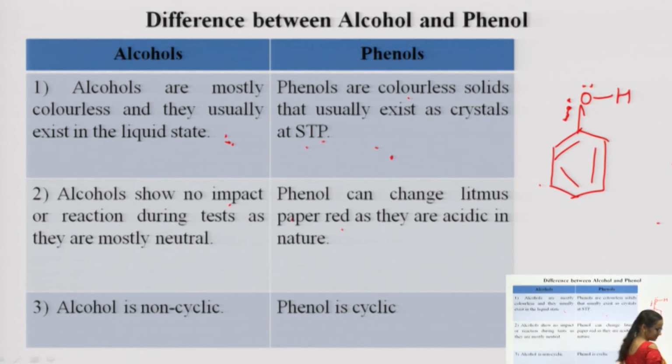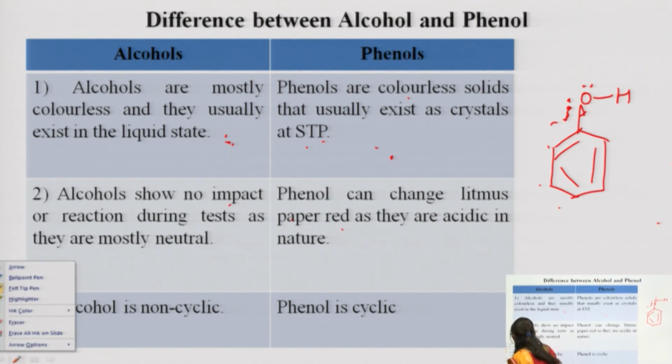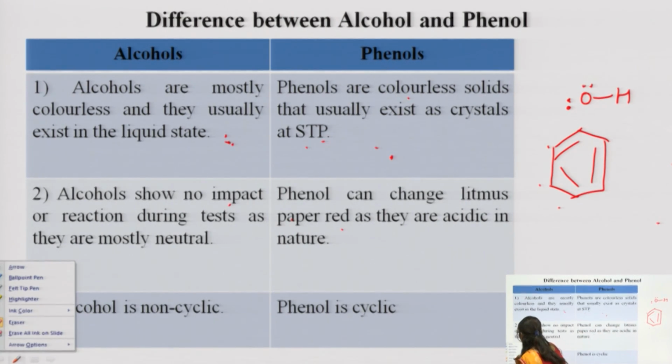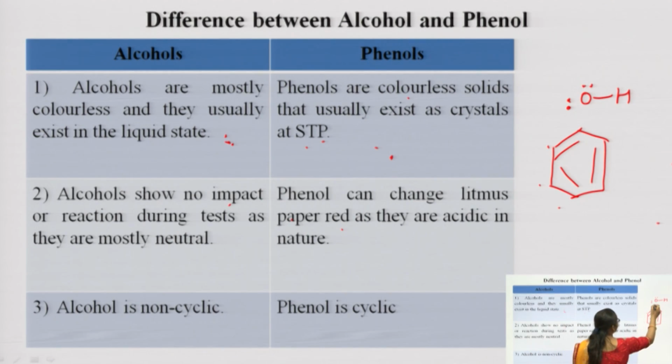In the phenol structure, there is one benzene ring attached directly to the OH group, and in the OH group, two lone pairs of electrons are there. Right, this is phenol. Now we are saying that it is acidic in nature.